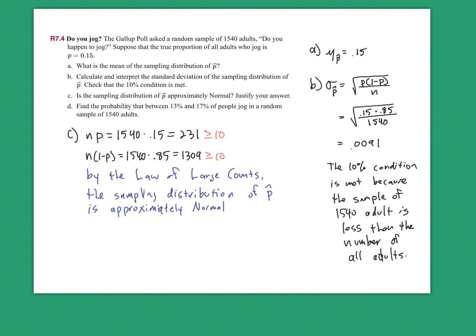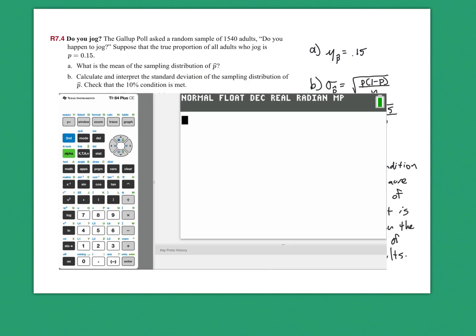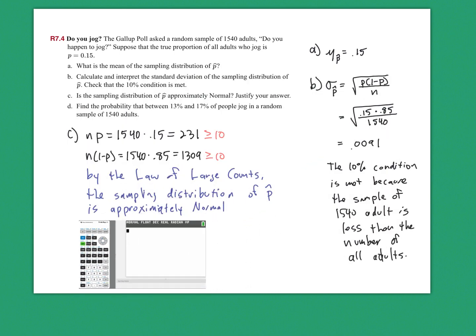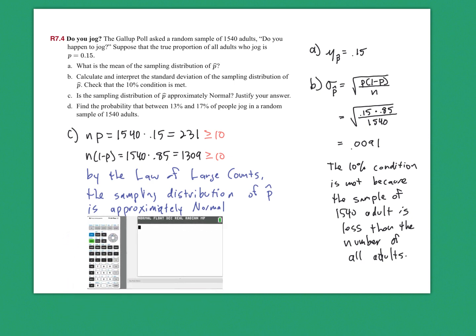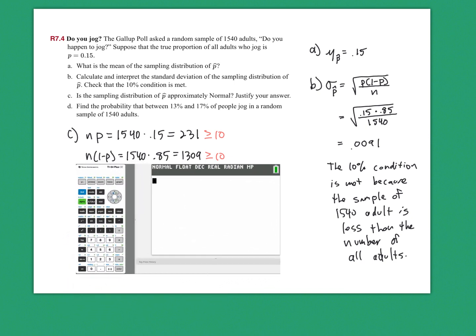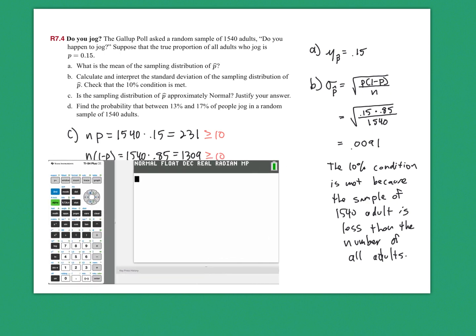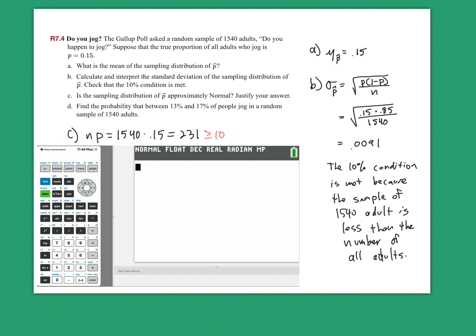Anytime they say find the probability and you're dealing with a normal distribution, whether greater than something, less than something, between two values, or really any kind of range of values, we'll use normal CDF. So let's do that quick.